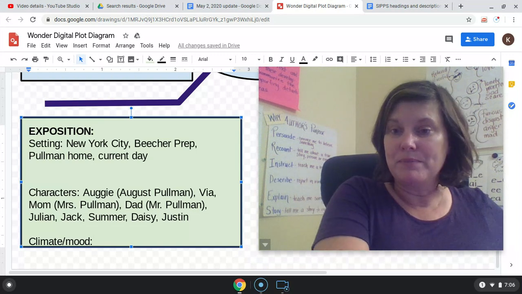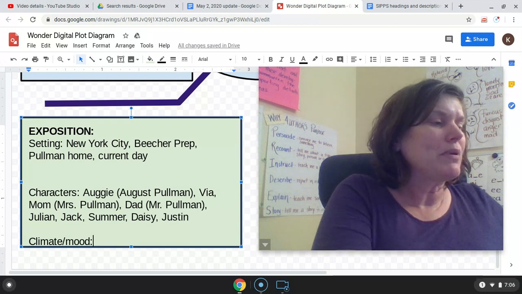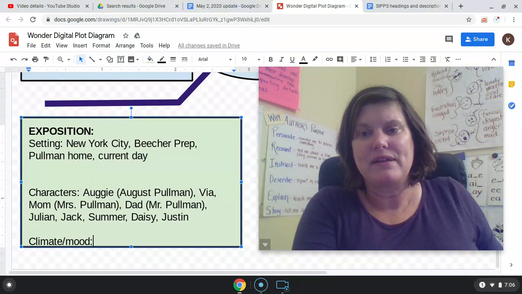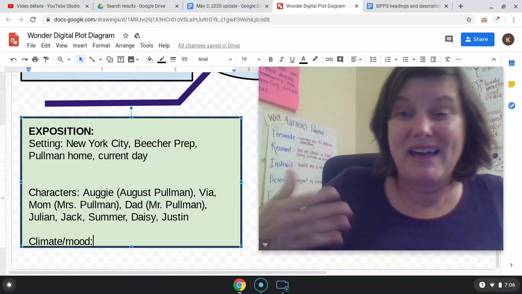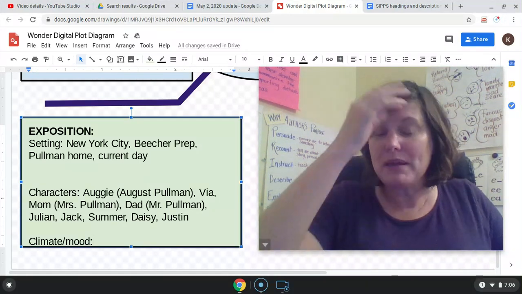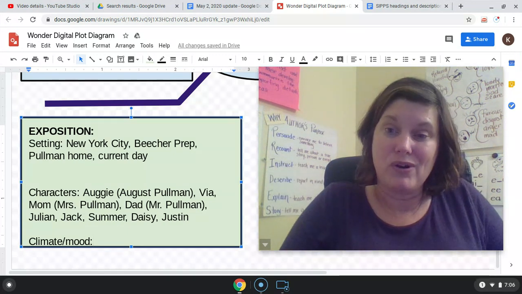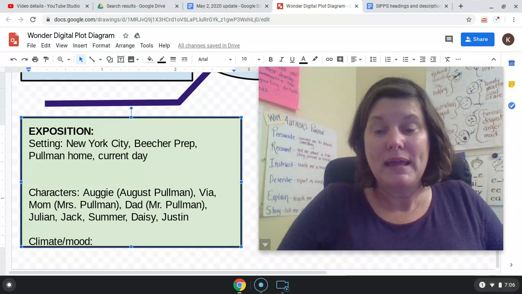Just to summarize what we had read in the last part, remember Augie found out that Via hadn't told her parents about the play that she was going to be a part of because she did not want Augie to come to her school.